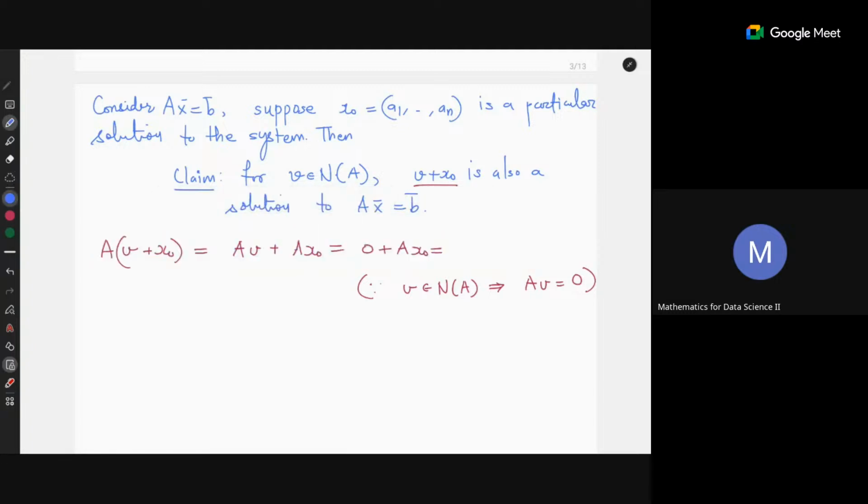Now, what is Ax naught? Ax naught is b. So that is 0 plus b, which is b. So this says that v plus x naught is also in the solution space of Ax equal to b.